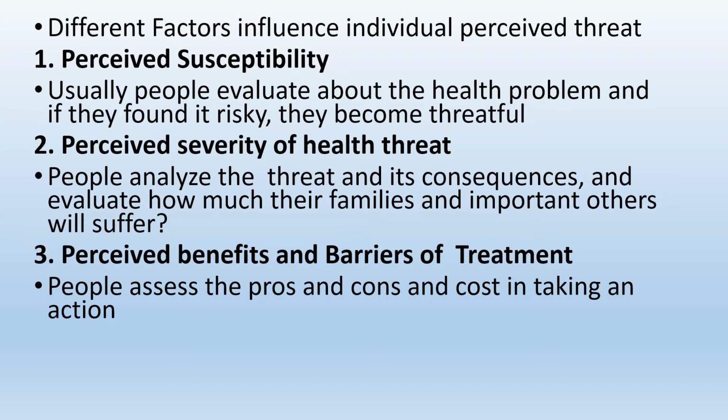Here people assess the pros and cons and cost in taking an action. As we all know, economy and a person's social status are very important in maintaining healthy conditions. So these three factors affect a person's belief, and they particularly form a person's belief to change the unhealthy behavior or to stand up for maintaining your own healthy lifestyle.